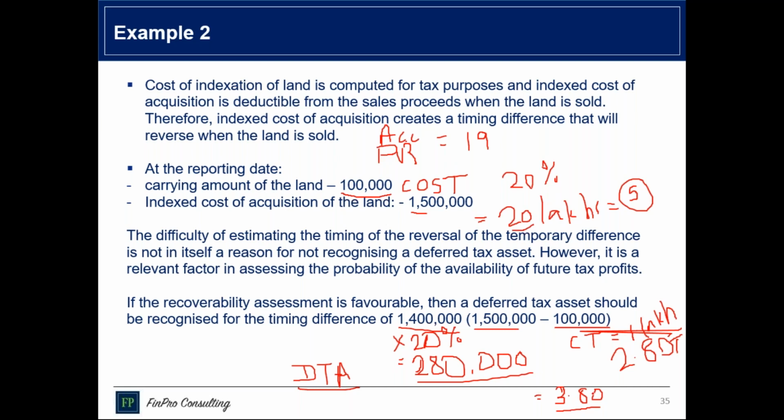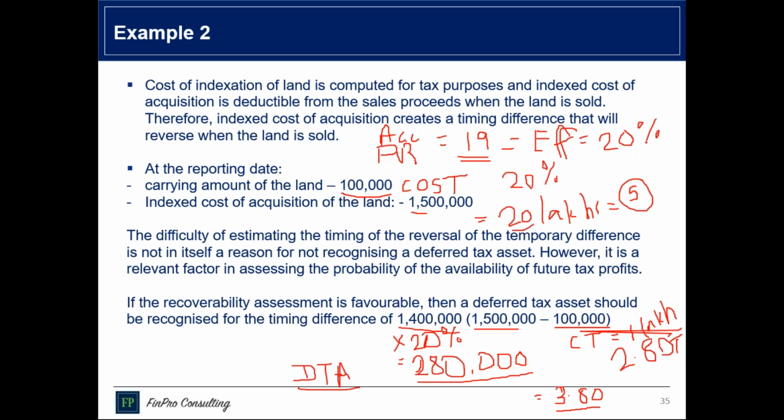And now what is my total tax? 1 lakh is my current tax and 2.8 lakhs is my deferred tax, which is the reversal of DTA, so 3.8 lakhs. Now, 3.8 lakhs is my total tax and 19 lakhs is my accounting profit. If you compute the effective tax rate, it will be 20%.